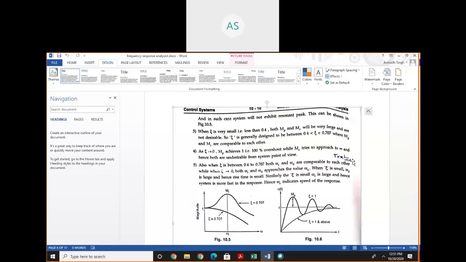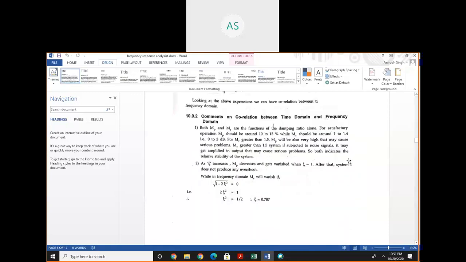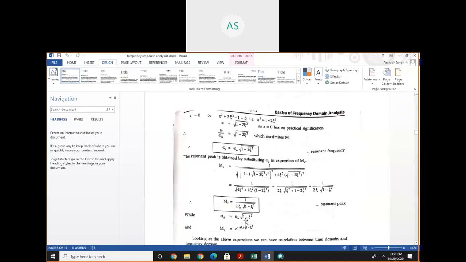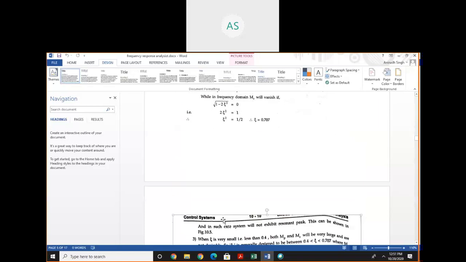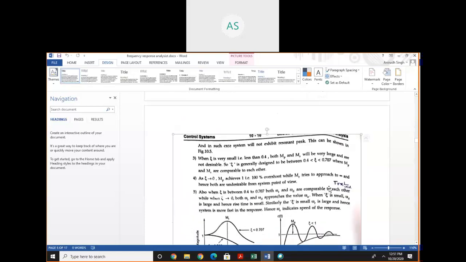Then the next point is that TR is inversely proportional to the damping frequency, omega D. It means when zeta is small, omega D is large.